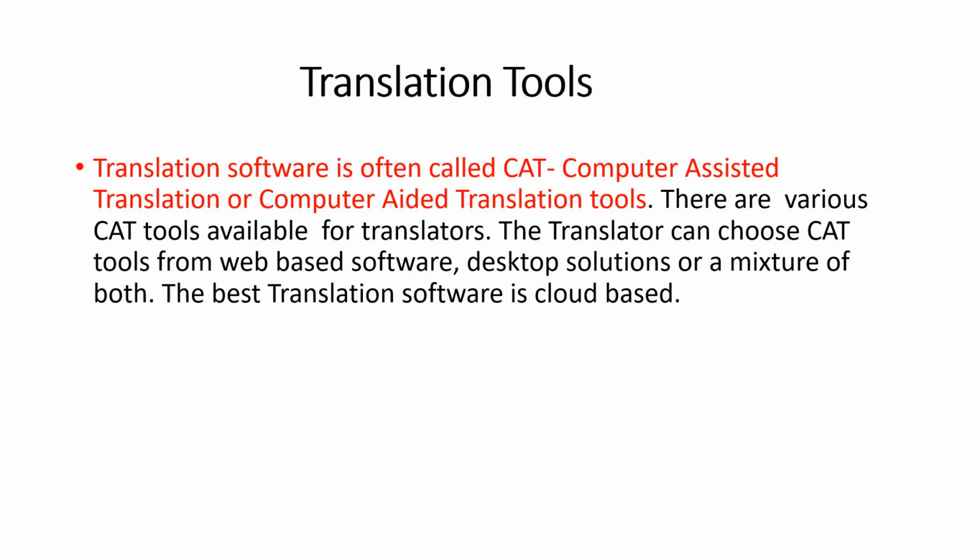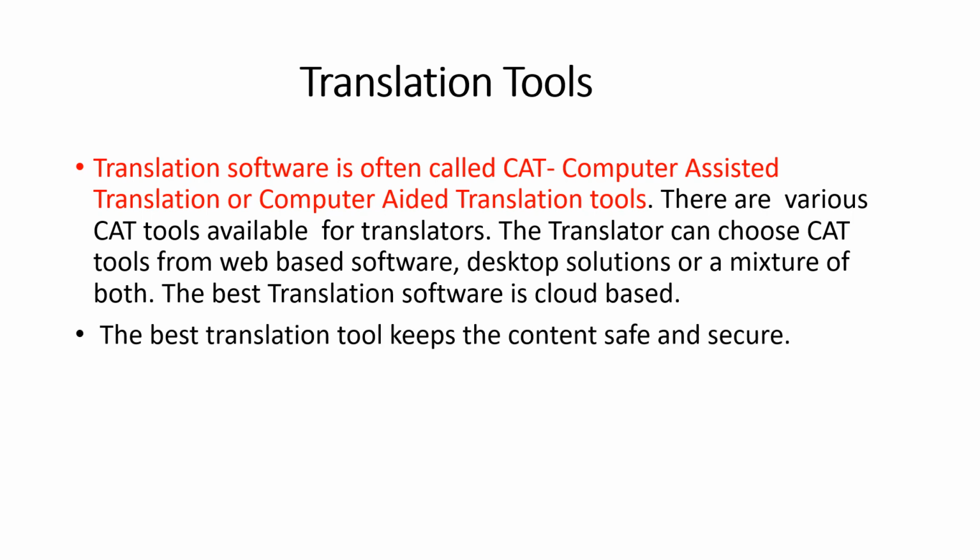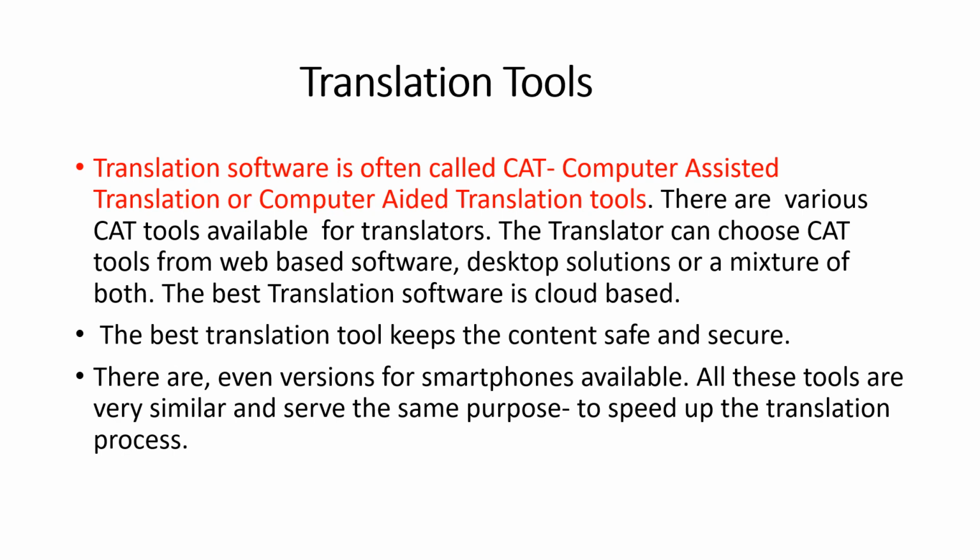The best translation software is cloud-based software. The best translation tool keeps the content safe and secure. There are even versions for smartphones available, and all these tools are very similar. They serve the same purpose. They make the translation process faster.